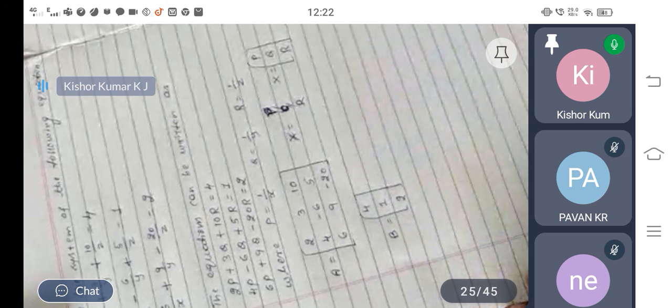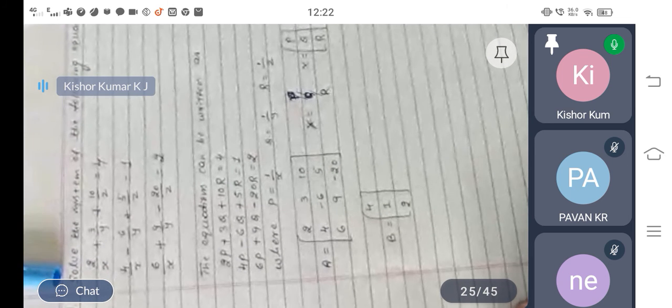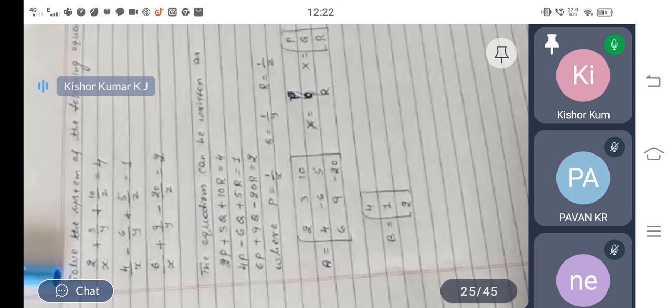The first thing we have to do is find the determinant of A. Is it clear, students? Yes, sir.